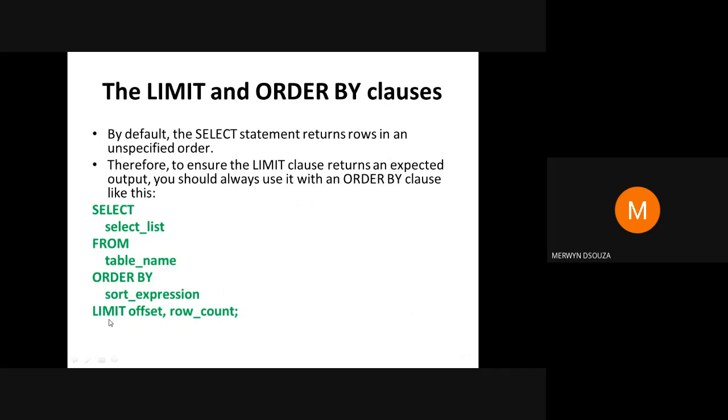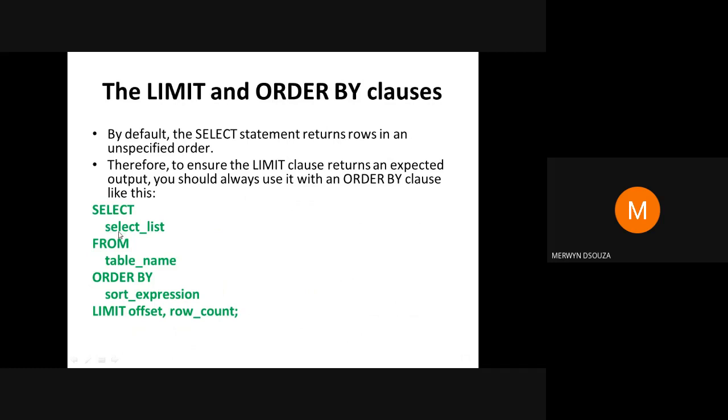By default, the select statement returns rows in an unspecified order. When you add a limit clause to the select statement, the returned rows are unpredictable. Therefore, to ensure that the limit clause always returns an expected output, you should always use it with an order by clause like this.